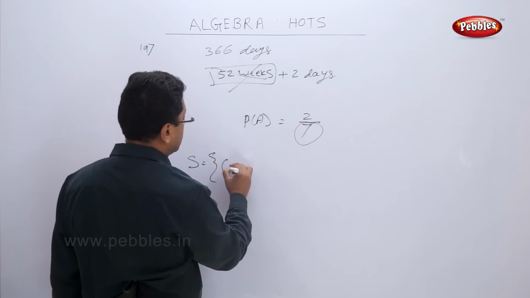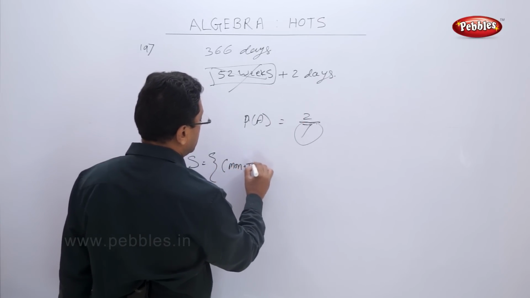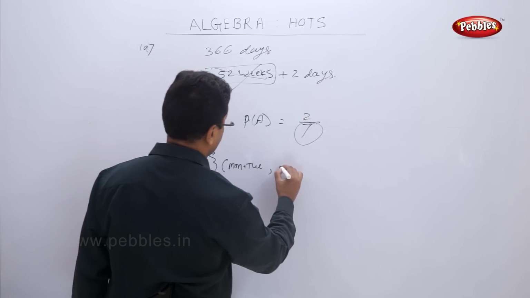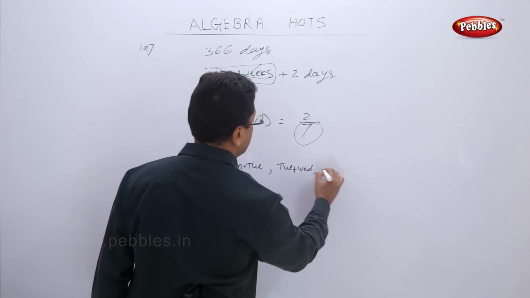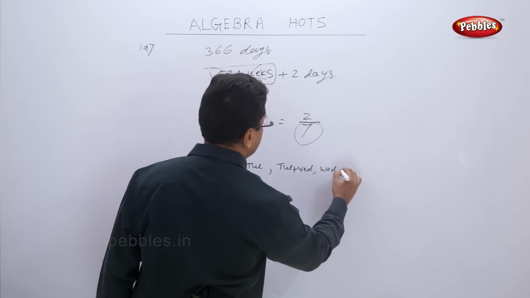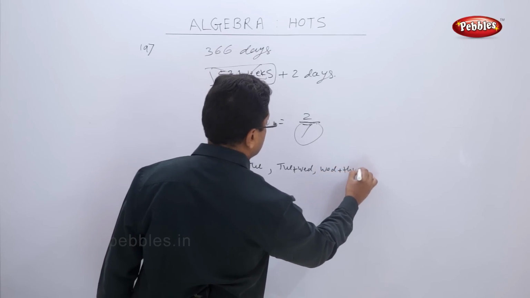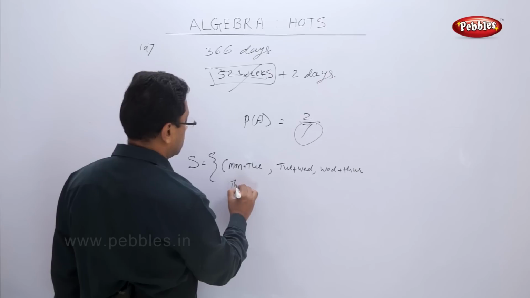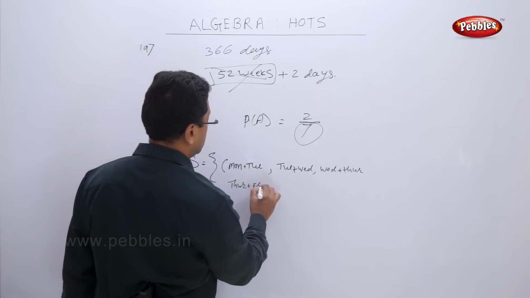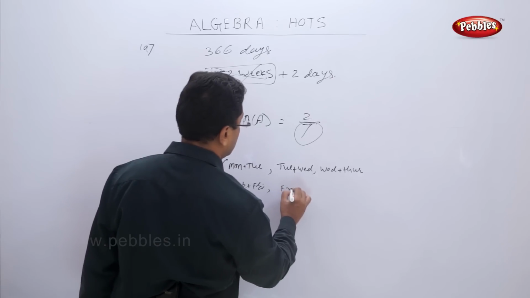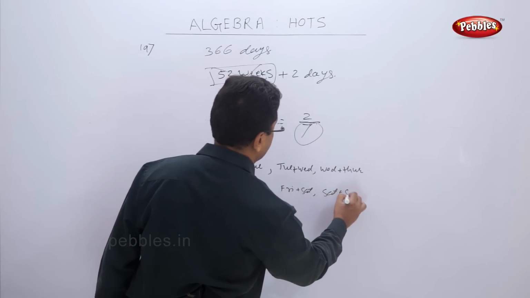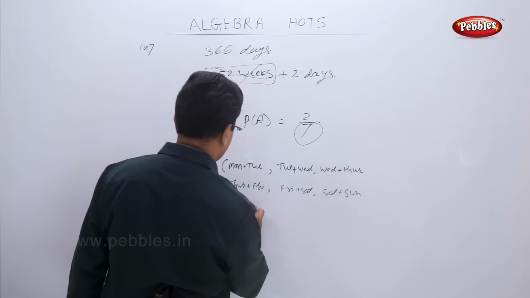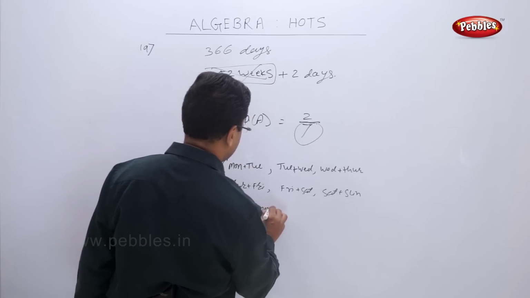So you will have either Monday, Tuesday, Wednesday, Thursday, Friday, Saturday, Sunday and Sunday plus Monday.